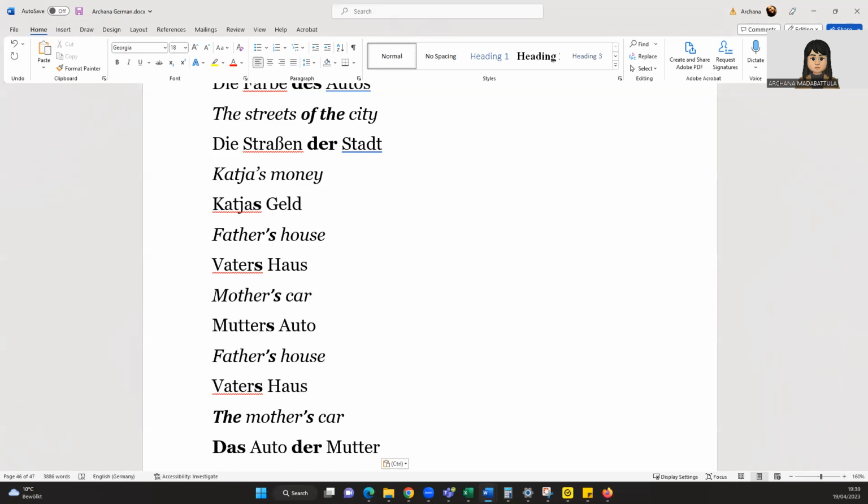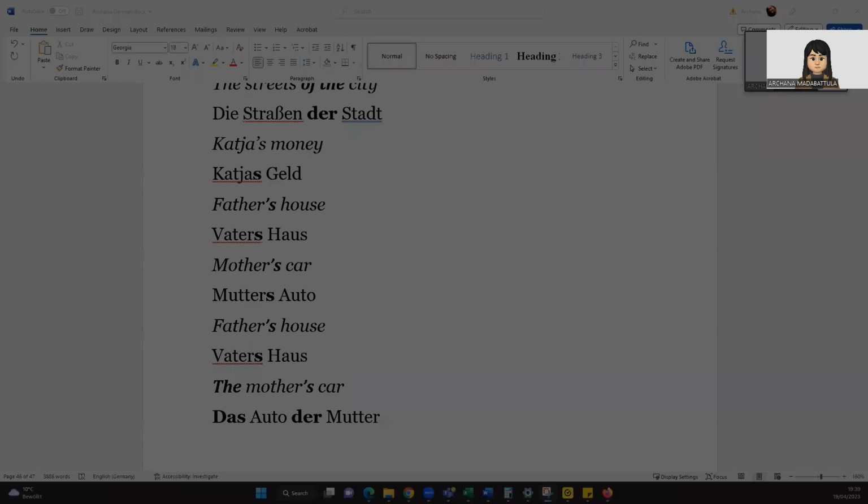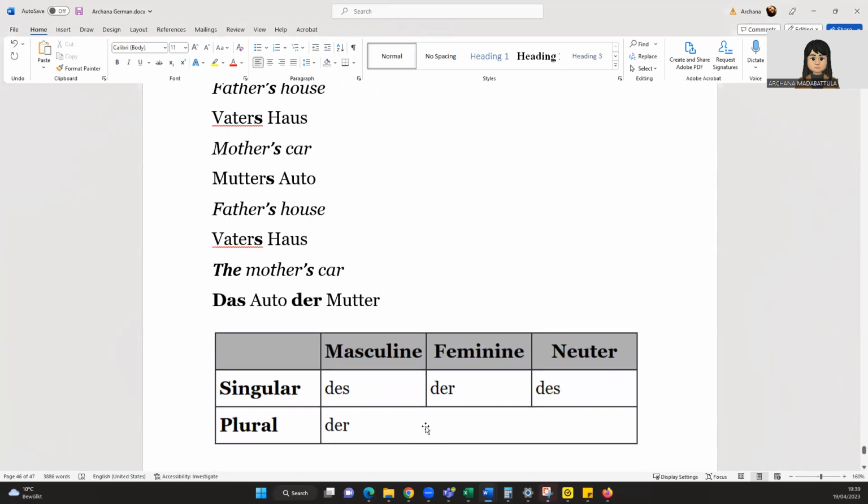What happens with das Auto der Mutter? Why did Mutter become der? Mutter is feminine, so what will come? Der. So it is des, der, and des.